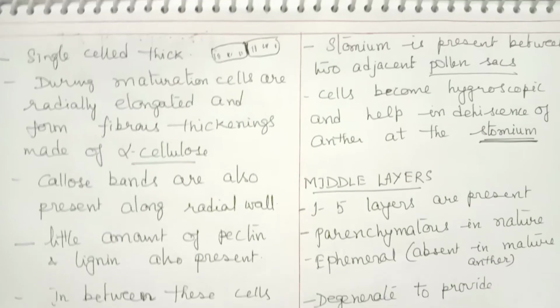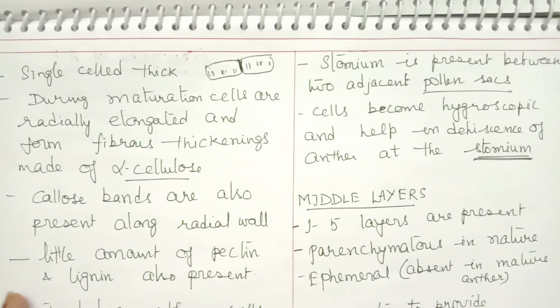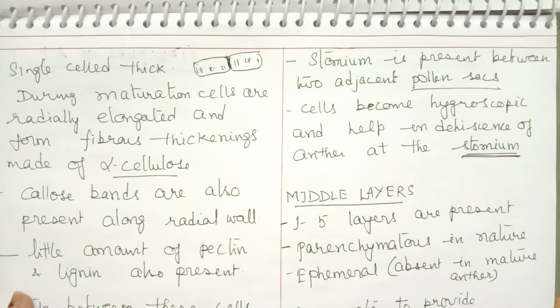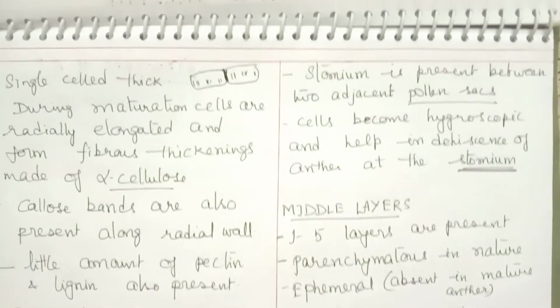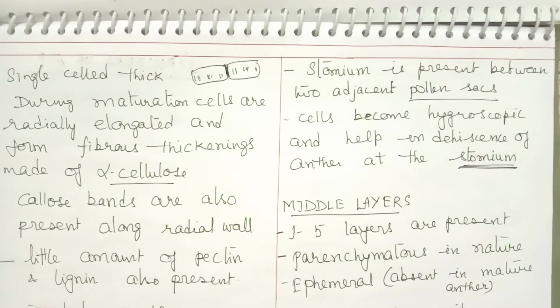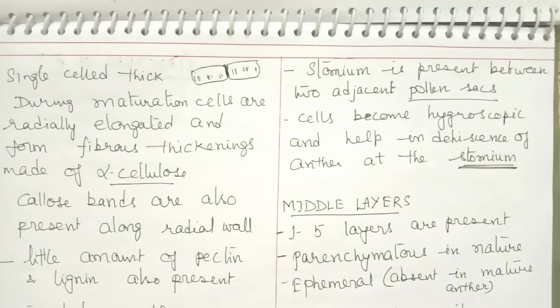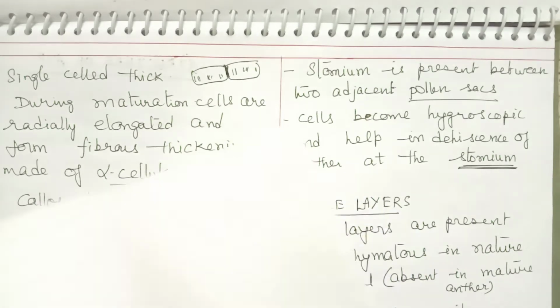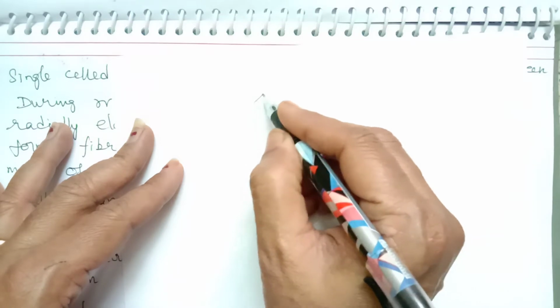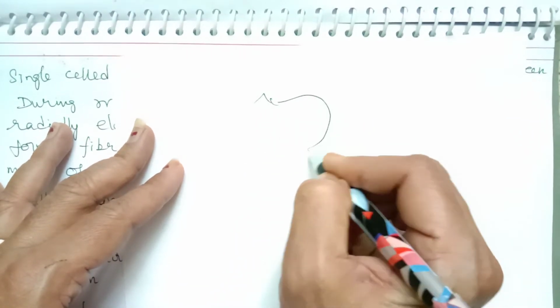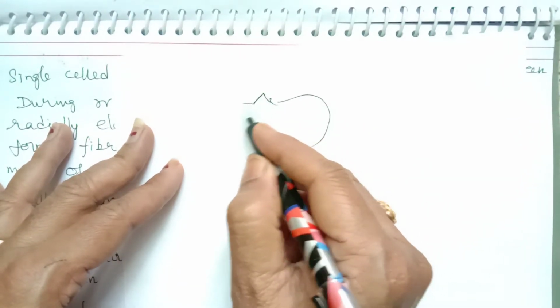So the cells which are present between the 2 pollen sacs, endothecium also is present. I'll take another paper and I'll try to explain it to you. I'll draw it here again and try to make it more clear.